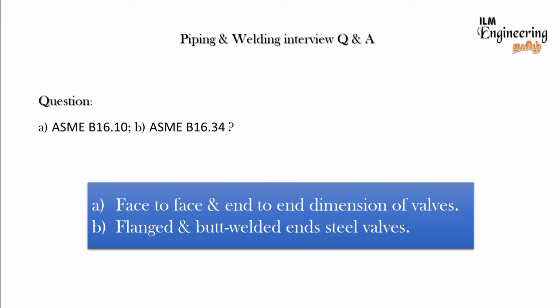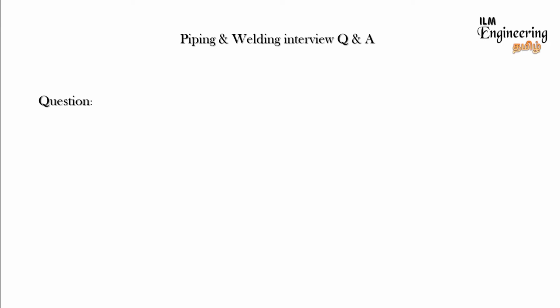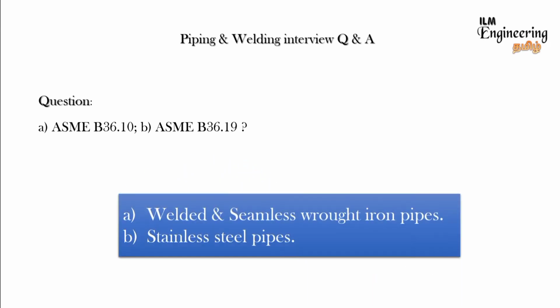ASME B16.34 flanged and butt welded end steel valves. ASME B36.10 and ASME B36.19. ASME B36.10 welded and seamless wrought iron pipes. ASME B36.19 stainless steel pipes.